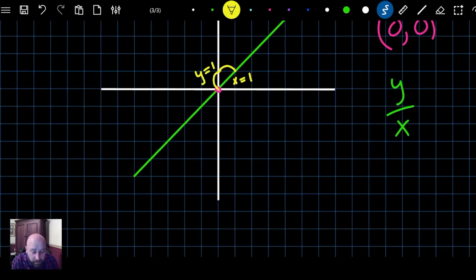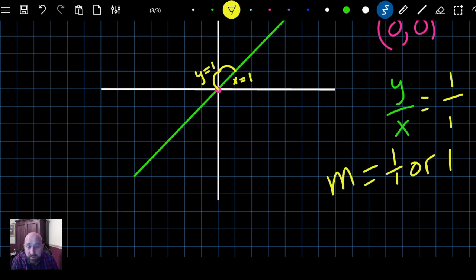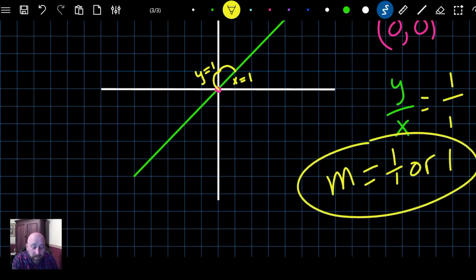So if we come back over here, that's going to equal 1 over 1. Y is 1, x is 1. So what does our slope equal here? 1 over 1, or you could write that as just the number 1. You'll see that both ways. I would always write it like that as a fraction. Sometimes the book will write it like this as a solved fraction or as a divided fraction, okay?